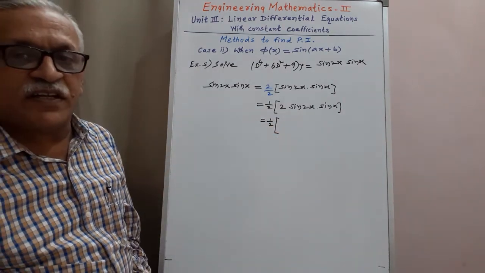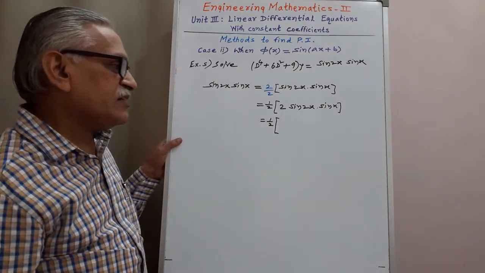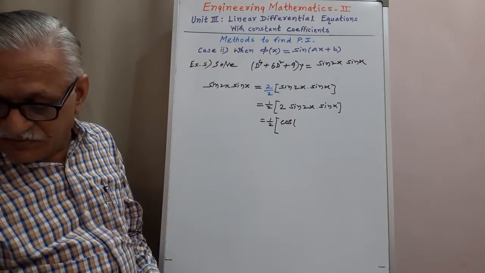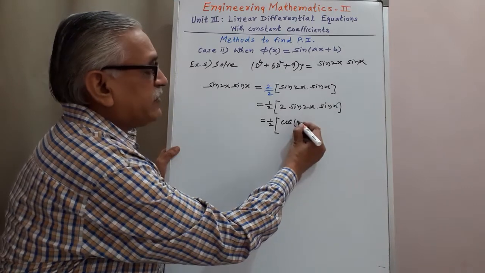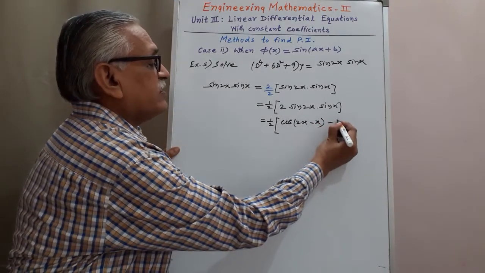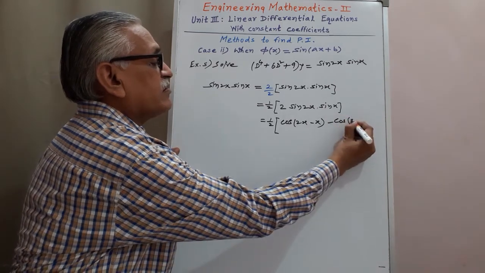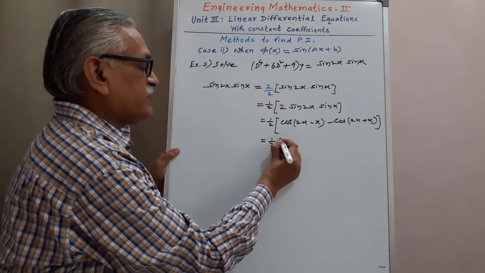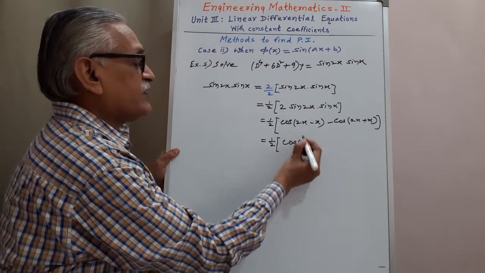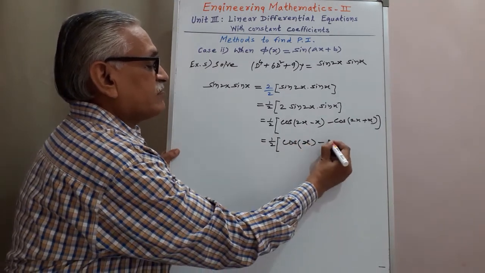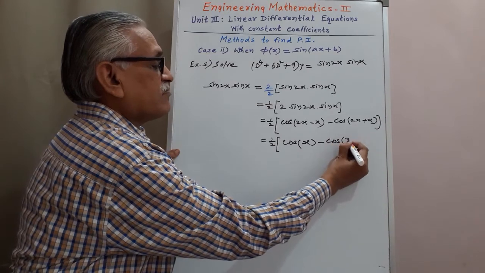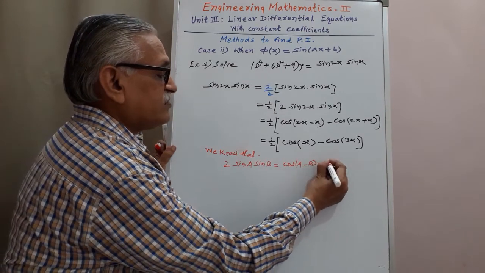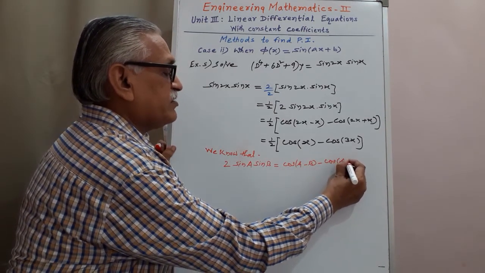We know that 2 sin A sin B is cos of A minus B minus cos of A plus B. Therefore, it is 1 by 2 times cos of 2x minus x, we get x, minus cos of 2x plus x.